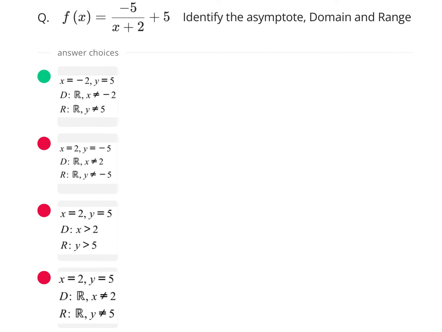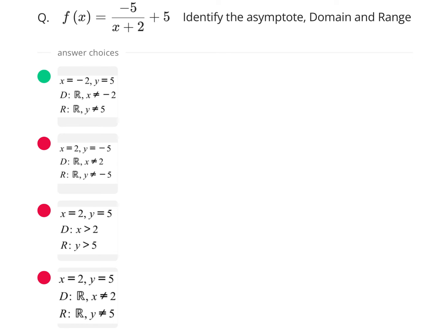Right here, they're giving us this equation, f of x, and we should recognize that. We could actually type it into Desmos if we'd like. We'd see that it gets reflected over the x-axis, that it gets vertically stretched by a factor of 5, and shifted 2 to the left and 5 up.